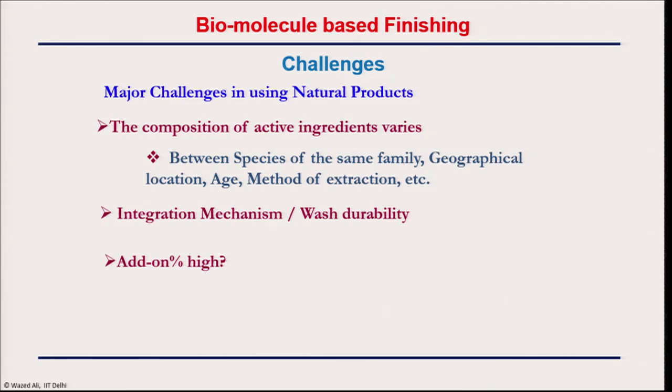Once a particular tree becomes more and more aged, its constitution may also change. As I mentioned, the extraction process also varies the extraction of different kinds of biomolecules. So, that is the real challenge that still exists, and we need to optimize.